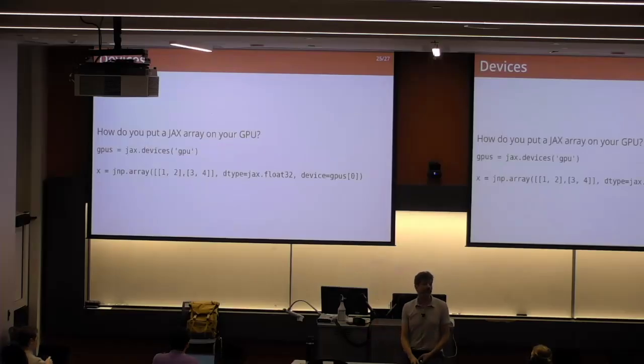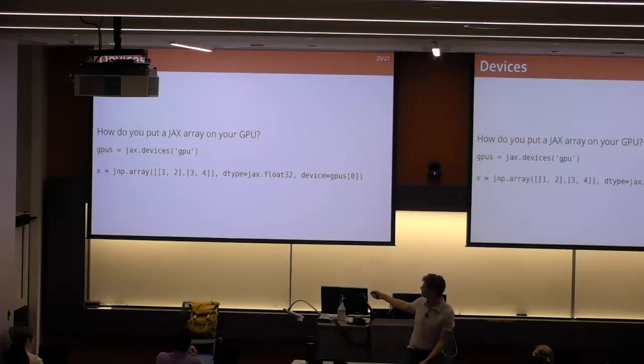If you have a GPU and a TPU and a CPU in your computer, you might want to be very specific about what device your tensors are living on. So when you create a JAX array, one of the parameters you can pass is the device. And here I'm saying, make this array on my first GPU. So how did I get the list of GPUs?